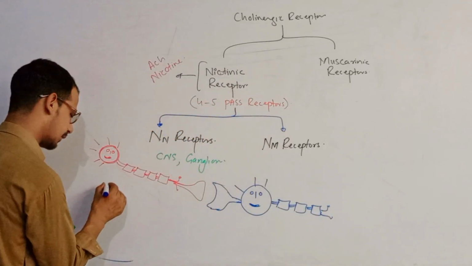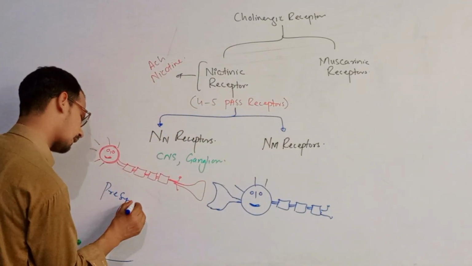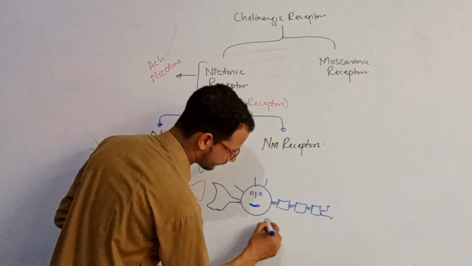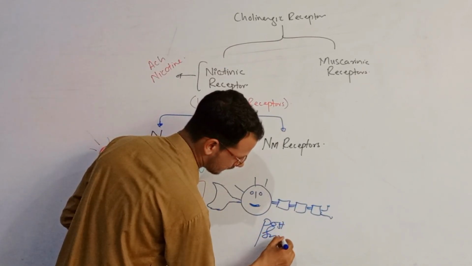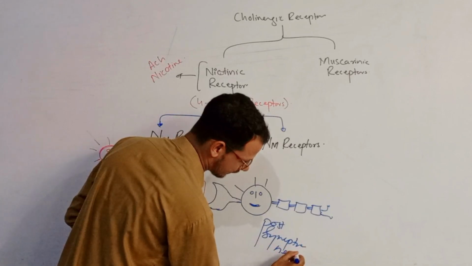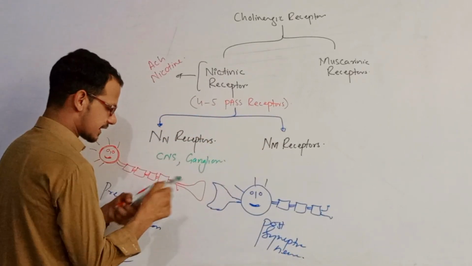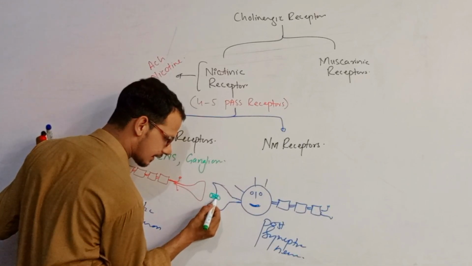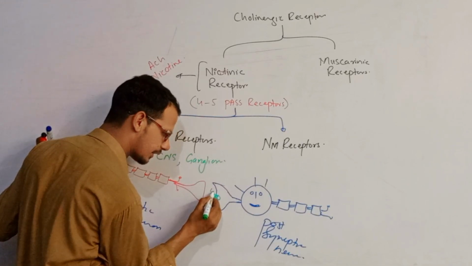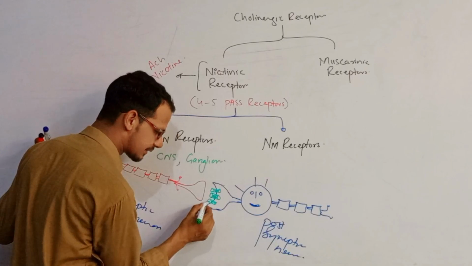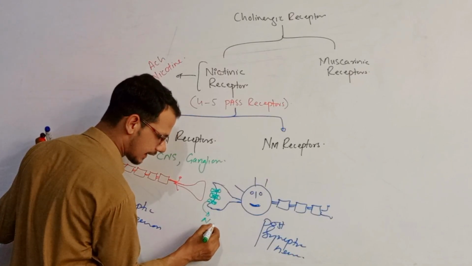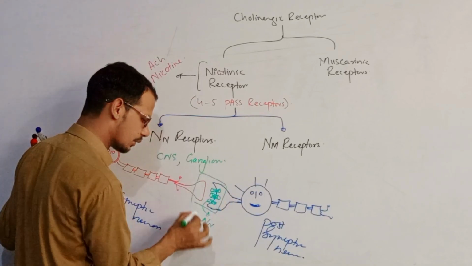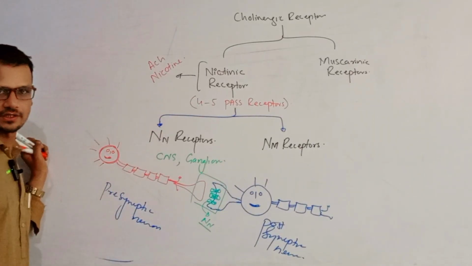This is the presynaptic neuron and this is the postsynaptic neuron. The 4 to 5 pass receptors are present here. Nicotinic receptors. These receptors are called N receptors because they are present between two neurons. This is a neuro junction, right?